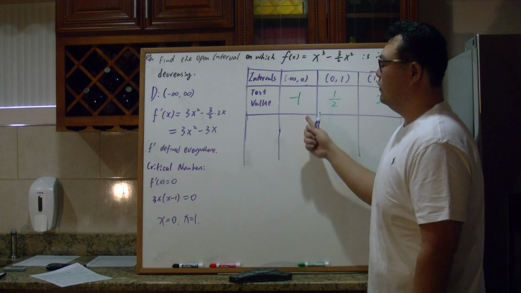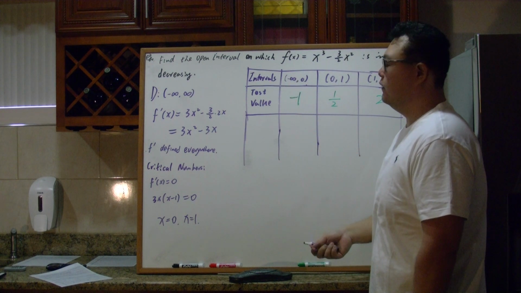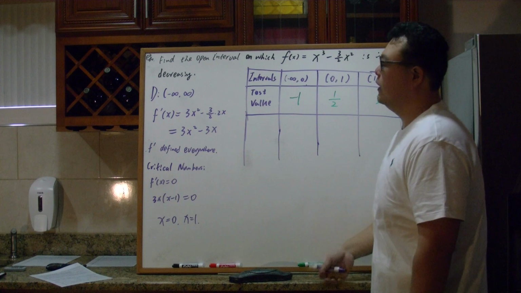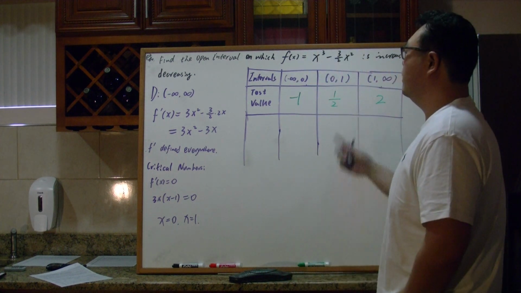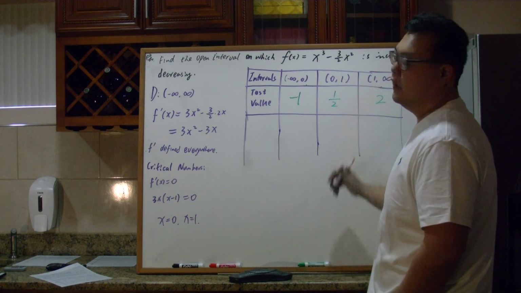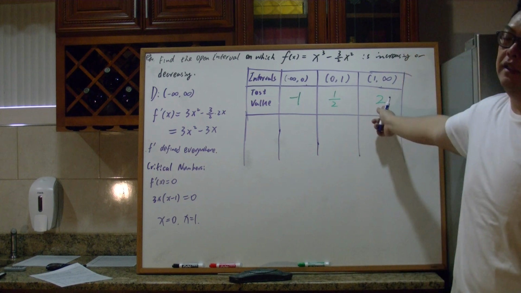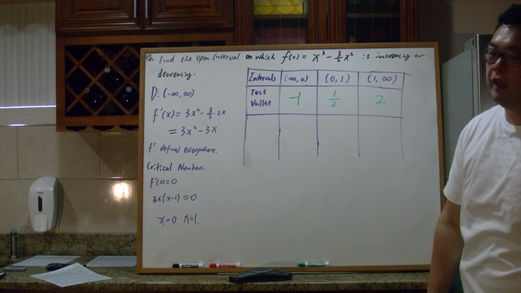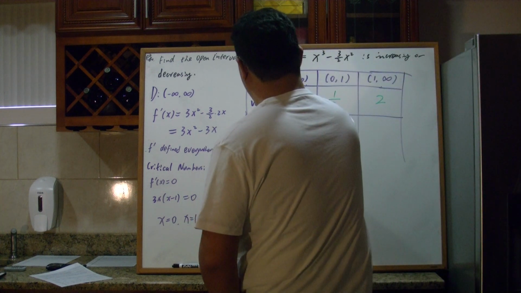If you don't like negative 1, you could use negative 2, negative 5, negative 10, all the values are fine. If you don't want 1/2 between 0 and 1, you can use 1/3, 2/3, or whichever value in between. If you don't like the 2 between 1 and infinity, you can use any value bigger than 1. Nothing important.